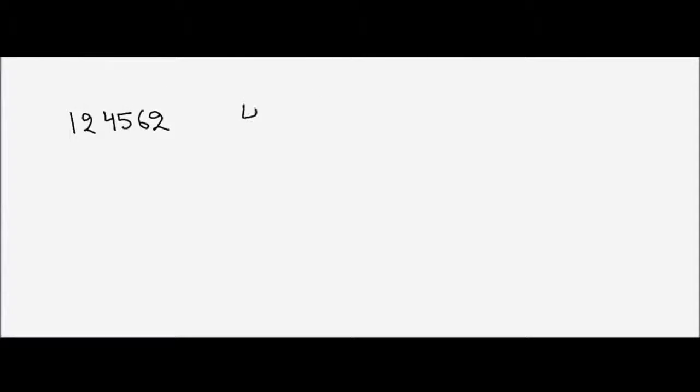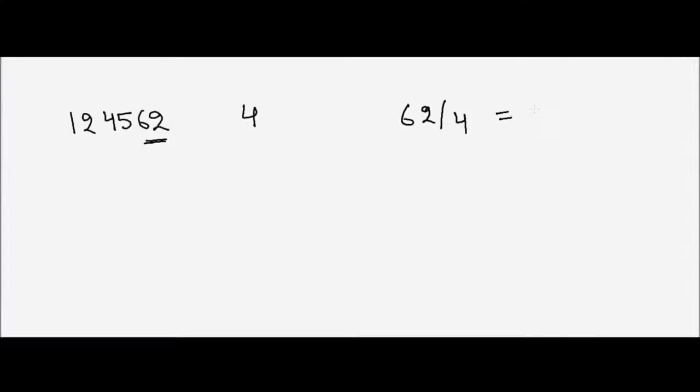In that case I have to look at the last two digits, and check whether they are evenly divisible by 4. So 62, if we try to divide 62 by 4, I'll get 15 and then I have 2 left. So that is not evenly divisible by 4, and this number cannot be evenly divided by 4.